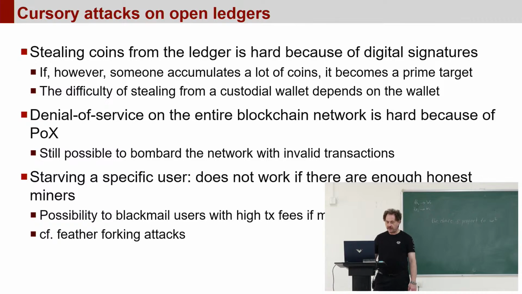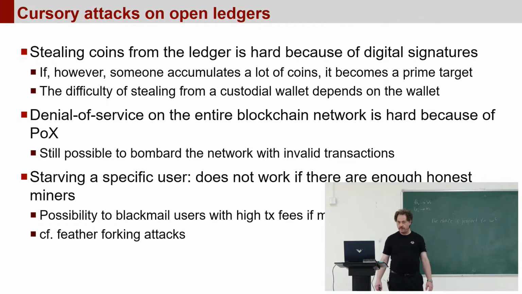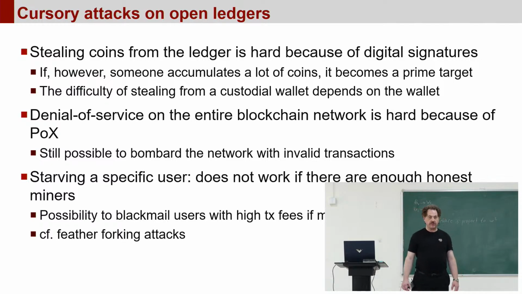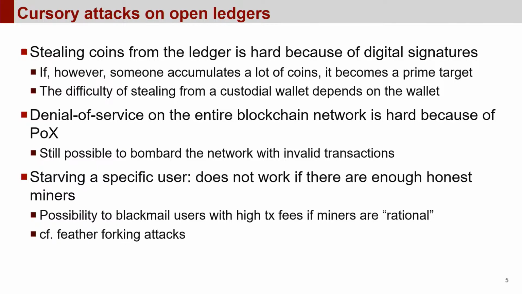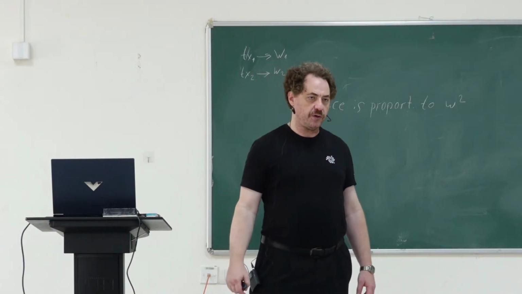Okay, the next attack, starving a specific user. As I mentioned, Alice dislikes Bob, so Alice would do everything in her power to block transactions from Bob. If Alice is a miner, it's easy, but hopefully each time the block would be proposed by a different miner, and hopefully some of those miners would not dislike Bob.